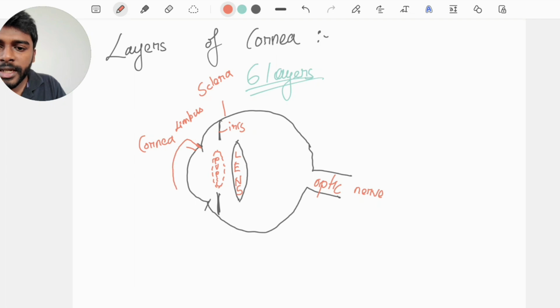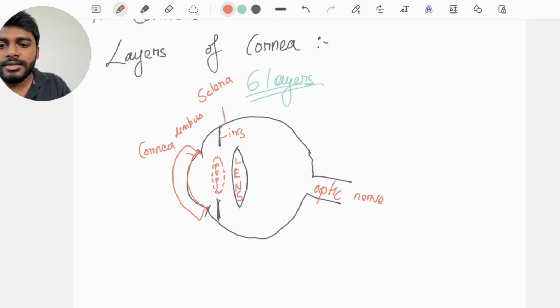We are going to study the cornea, so let me magnify it. This cornea has 6 layers. This is the outer layer, and this is the inner layer.